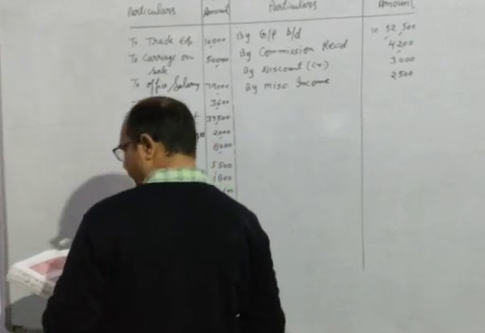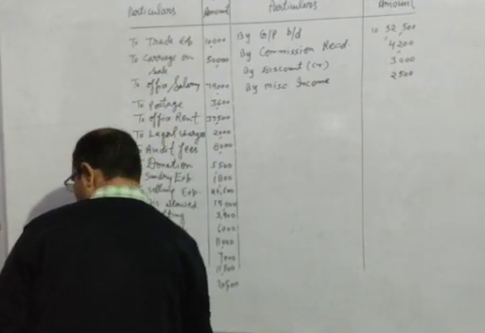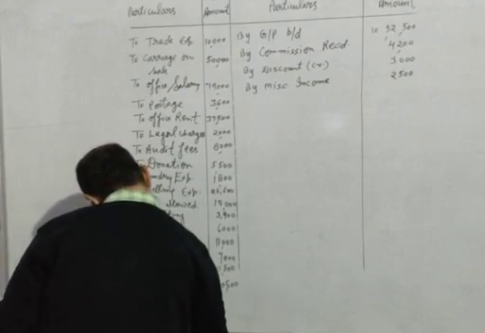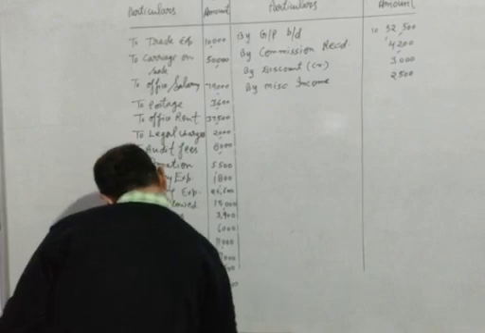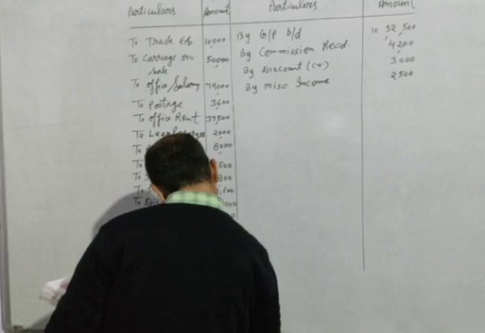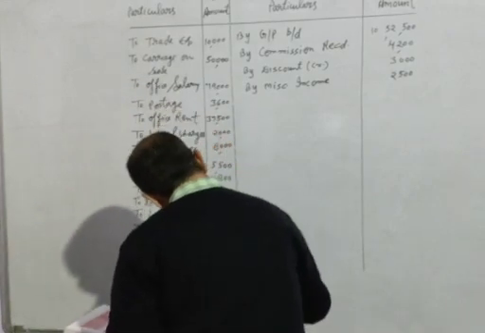And the last one is traveling expense. This will also be recorded here. Traveling expenses. Amount is 12,500.